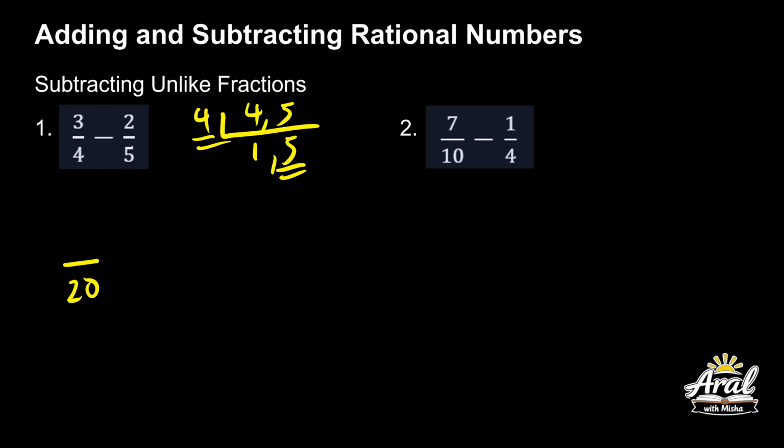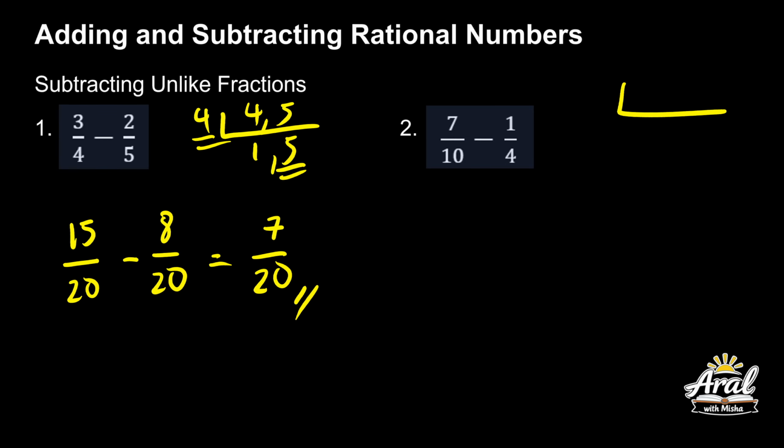So 5, nag-multiply ka sa baba ng 5, multiply ka rin sa taas. So 3 times 5, 15. Minus 20. Para mag-20, 20 divided by 5, that's 4. So 4 times 2, 8. So answer is 7 over 20. Is this the simplest form? Yes. So that's your final answer.